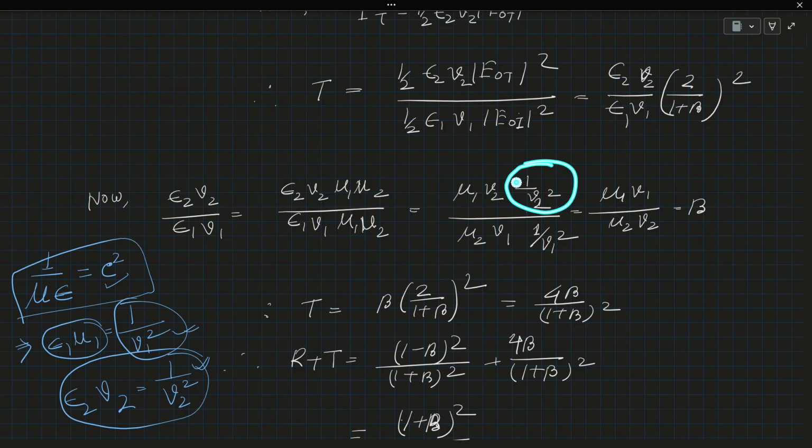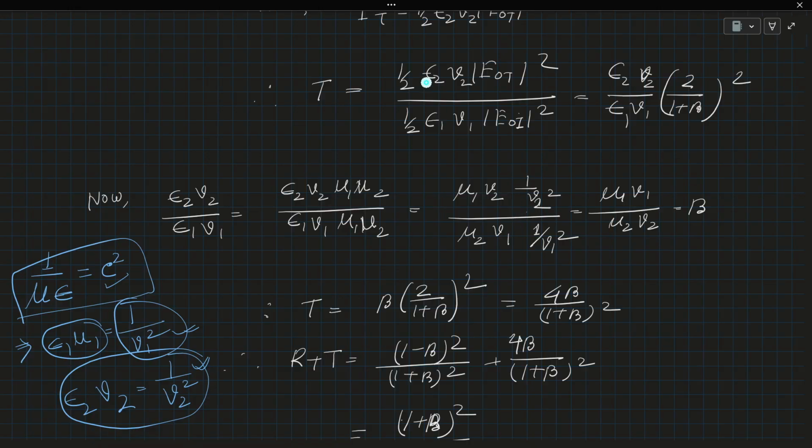Similarly in the denominator I have taken epsilon 1 and mu1, and these two terms are as they are. Epsilon 1 mu1 equals 1 by v1 square.